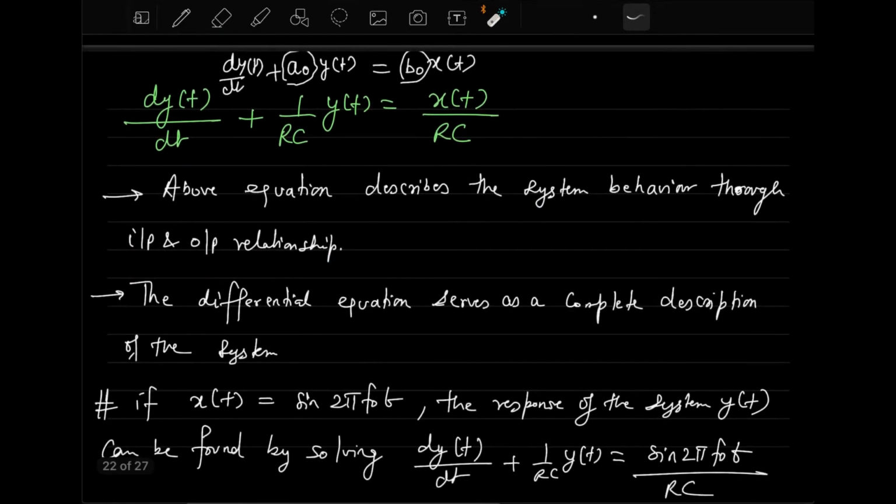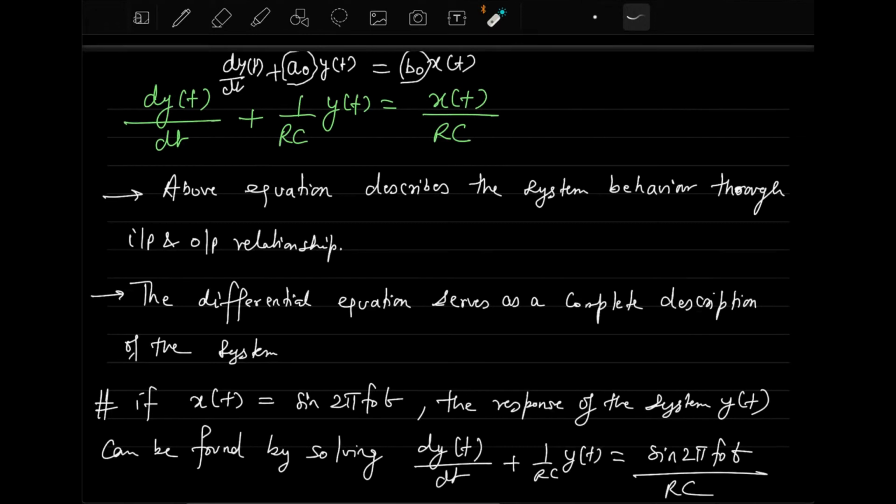The differential equation serves as a complete description of the system. As I told you earlier, this differential equation is coming because of the system, so it will describe the complete system. We can conclude some important properties and get some intuitions by learning about this differential equation.